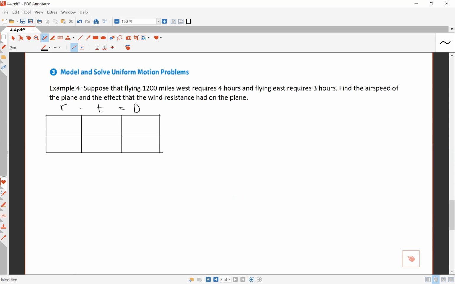And so you have the airspeed of the plane and the effect that the wind resistance had on the plane. So that's a fancy way of saying you'll have the speed that the plane can do by itself, and then you'll have the speed of the wind.